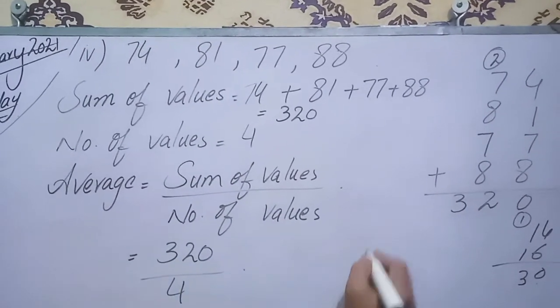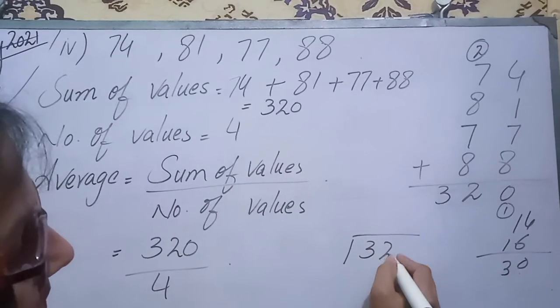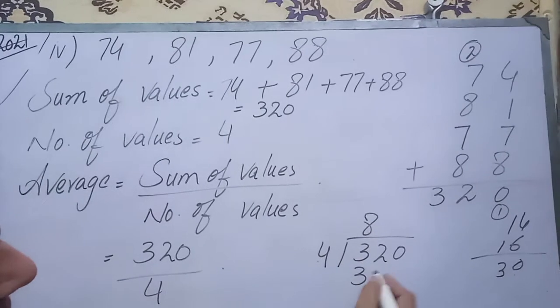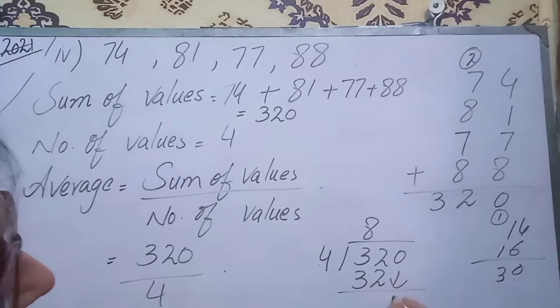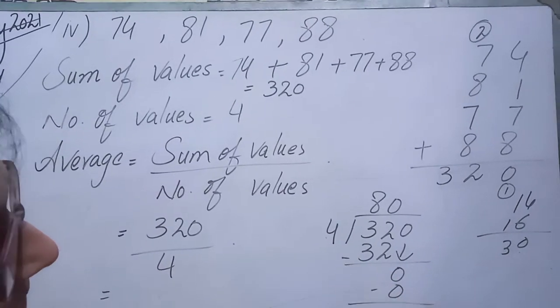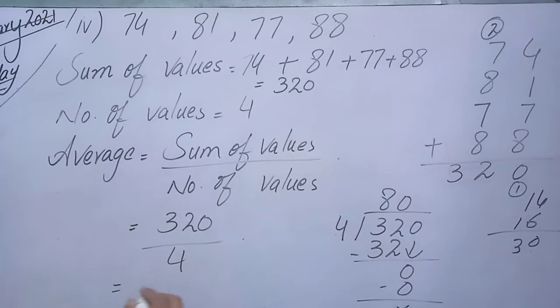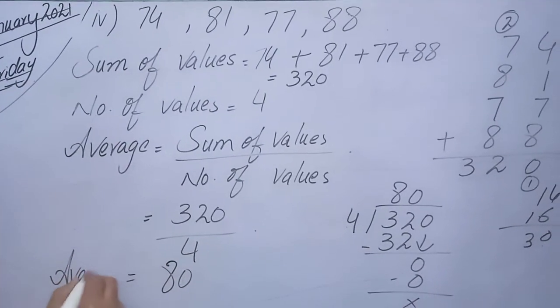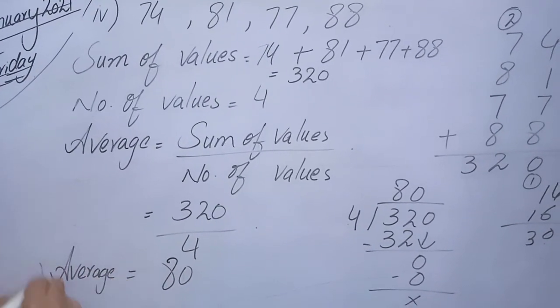So divide it. We will write 320 in a division sign and divide it with 4. 4 8s are 32. Now I will take here 0. 4 zeros are 0. Now when we subtract, it gives no remainder. The answer is 80. Now the average of these numbers is 80.